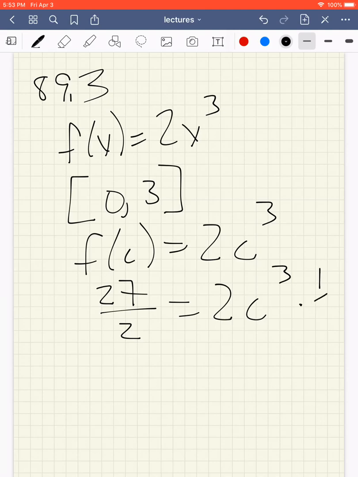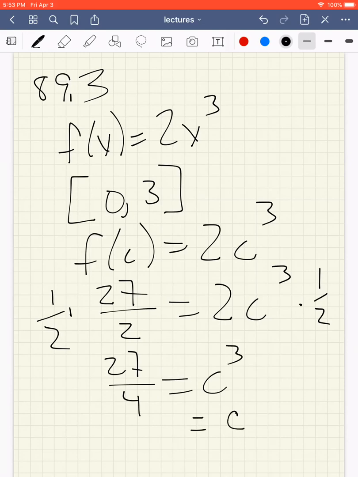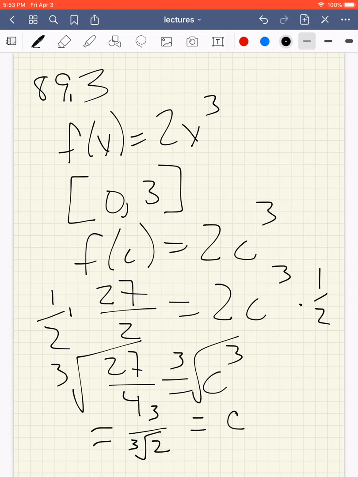So if we multiply by 1/2 on both sides, we get 27 over 4 is equal to c cubed. So c will be equal to the cube root of 27 over 4, which would be 3 over the cube root of 2. And if you get a decimal value for that, it comes out to be 1.8899.